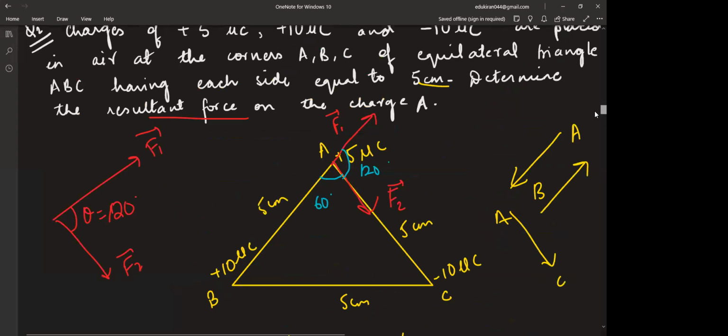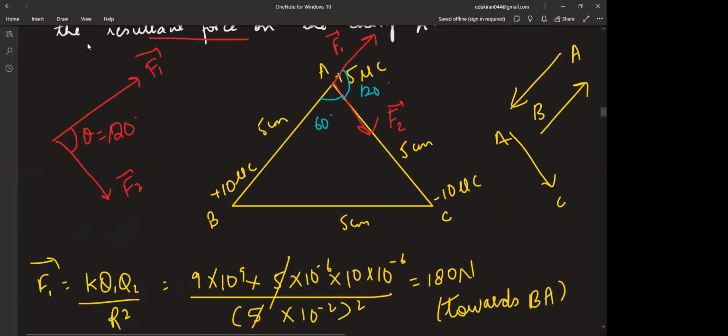Write it. Ma'am, F1 is away from AB, right? F1 is away from AB, so it's towards B. When we write towards AB, it means take point A and go towards B, like this.